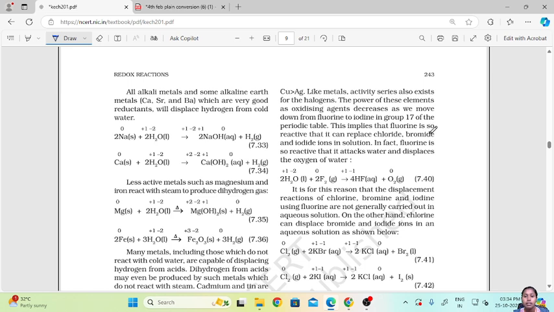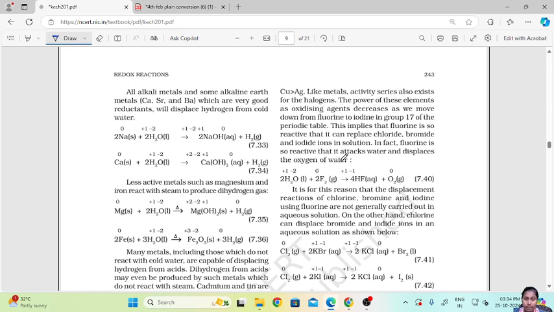In fact, fluorine is so reactive that it attacks water and displaces the oxygen of water. So from fluorine to iodine the reactivity decreases, and fluorine is more reactive.